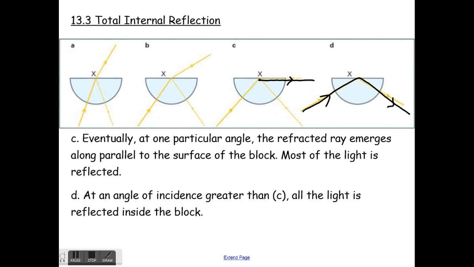No light is refracted after that certain point. With me so far? Okay. So this particular angle here we call the critical angle, which I will get into more detail on in the next few slides.